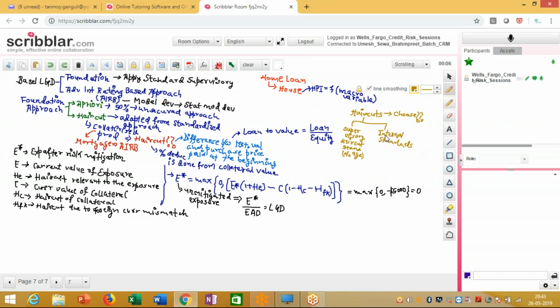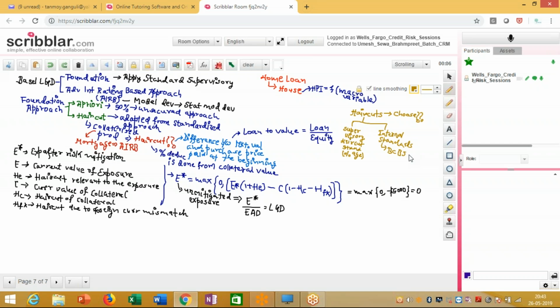However, when we are setting these internal standards, they have to be in line with the BCBS framework. So this is the overview of the choice.